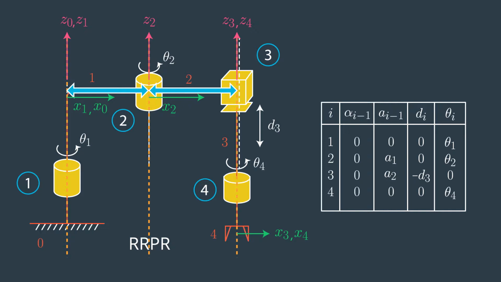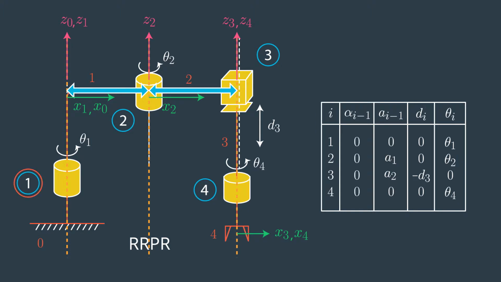Well, z0 and z1 are collinear, which is very convenient because for collinear axes, alpha and A are always 0. The link offset, d1, is the signed distance from x0 to x1, measured along z1. Again, we have collinear axes, which makes d1 0.